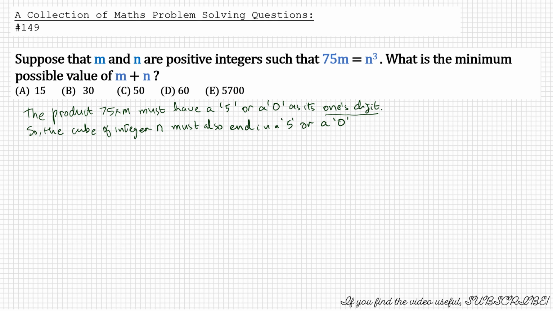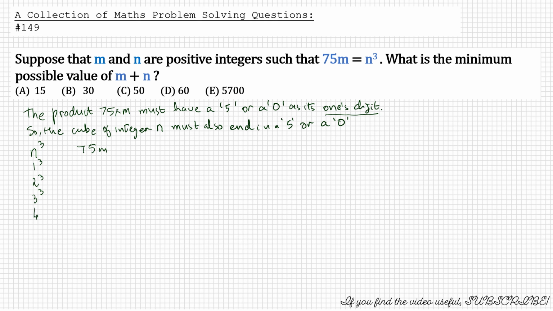Okay, so let us look at some of the values of n cubed and 75m. So we start from 1. So I write n cubed and 75m. So 1 doesn't work. 1 cubed cannot be the answer. 2 cubed, no. 3 cubed, no, because it has to end in a 5 or a 0.